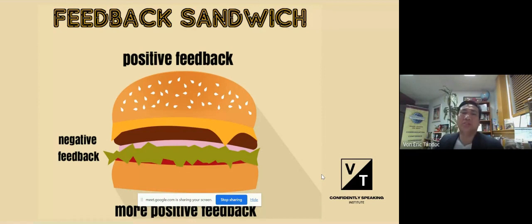If you notice on the top portion, that is the positive feedback. In the middle portion, that is a negative feedback, or we would like to say constructive criticism. And then on the lower portion of the sandwich illustration is a more positive feedback. So this is the concept of feedback sandwich or sandwich feedback for that matter.